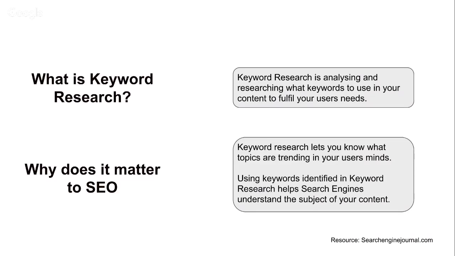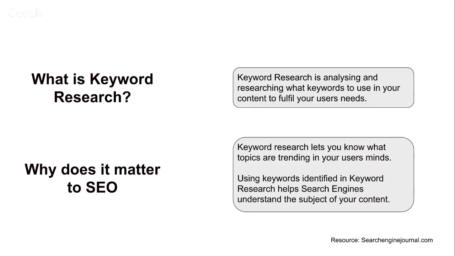But also the keywords that you identified through doing this research help search engines to understand the content, because you have to remember that a search engine is a computer, it's not a human brain. So it doesn't read content the way that we do. It needs certain signals to understand what this content is about, who this content is for, and why this content is relevant.